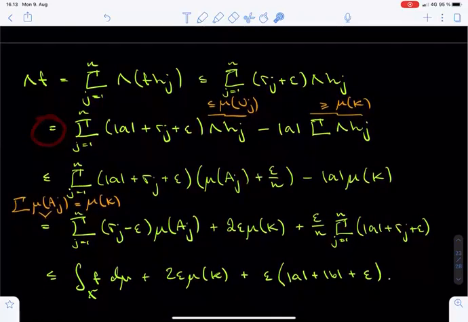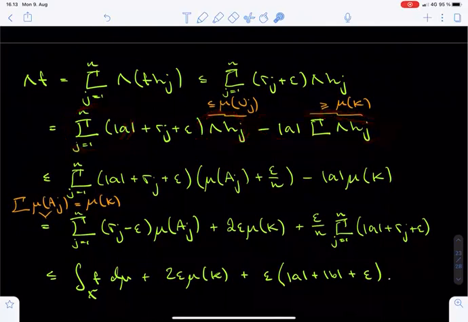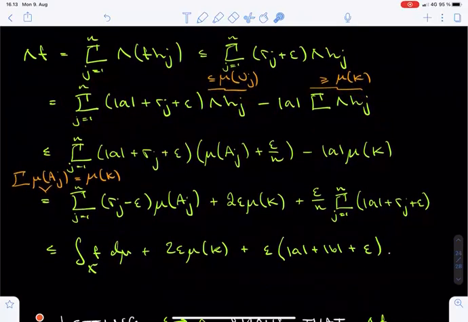Next, we simply add and subtract something, so the value of the sum will not change. The term which we add and subtract has the form absolute value of a times the sum of the values lambda of hj. Here a was the left endpoint of the interval from a to b, which contained the range of f. To make further progress, one needs to note the following upper and lower bounds for lambda of hj.